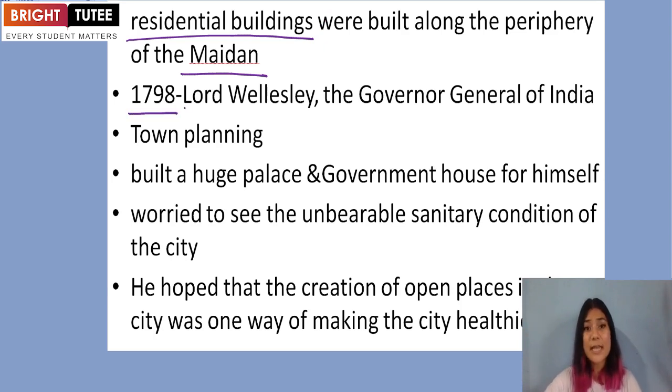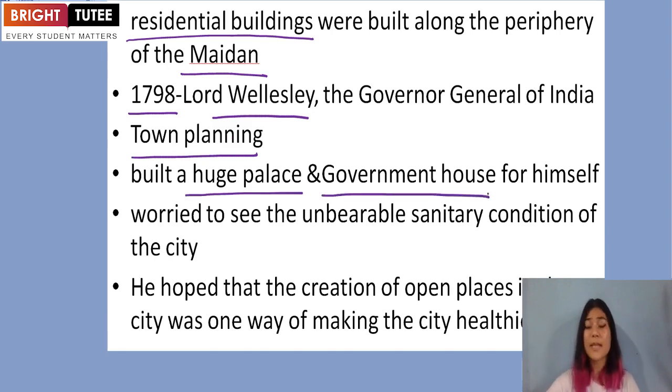In 1798, Lord Wellesley, who was the Governor General of India, began town planning of Kolkata or Calcutta. Okay, he built a huge palace and a government house for himself. He was very worried about the sanitary condition of the city, the unhygienic condition, the diseases, the dirt, the condition of the people.